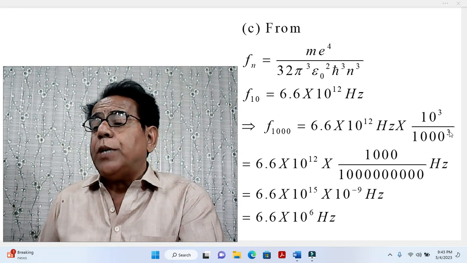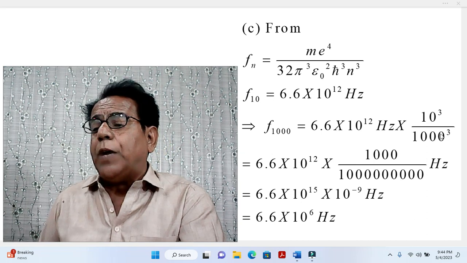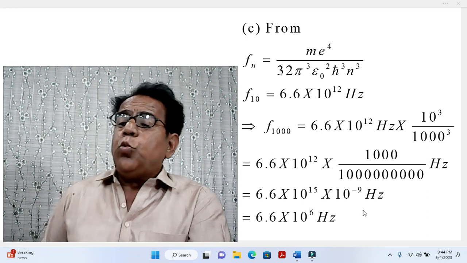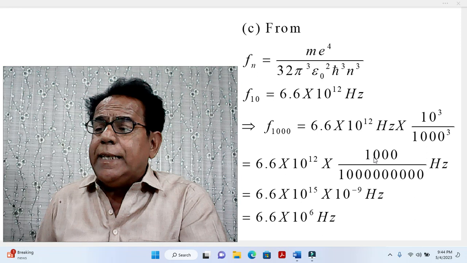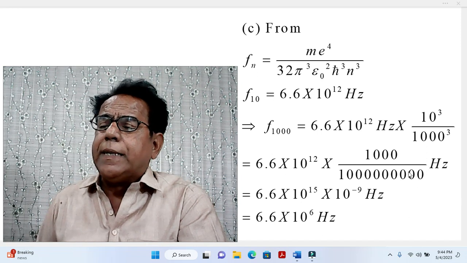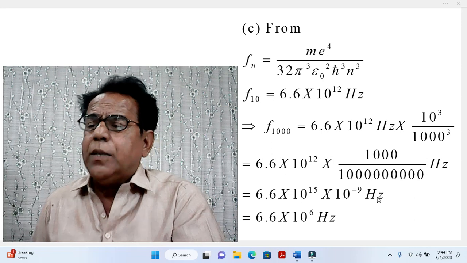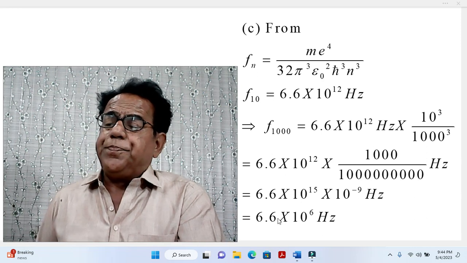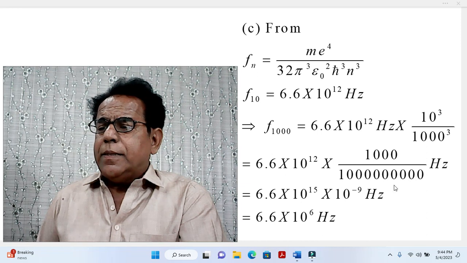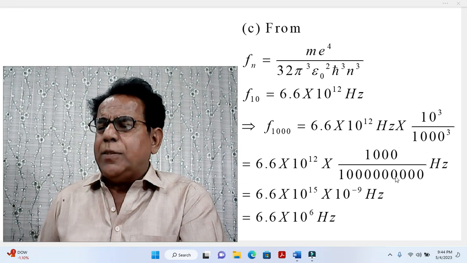And 1000 to power 3 will become equal to 1 with 9 zeros. Out of these 9 zeros, 3 zeros will be subtracted because these are in the numerator and these 9 are in the denominator. So 6 zeros will remain.